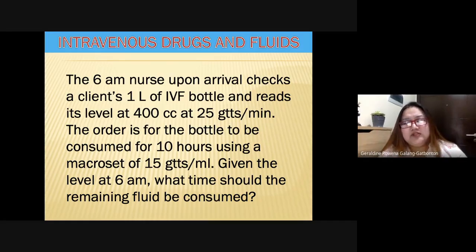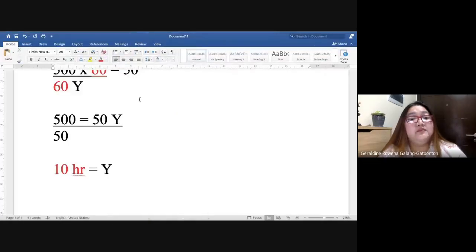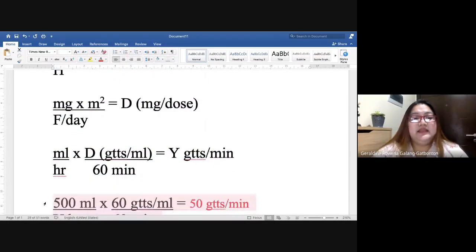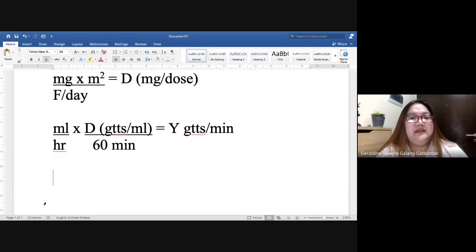Okay? You actually don't need the very long formula. Pag ang inaalam mo gaano katagal mauubos yan, it's just the ml per hour. Okay? Lalo na kung given naman yung ml per hour. Alright? Unlike yung previous question natin, ang hinahanap natin yung R. So you really need the long formula.